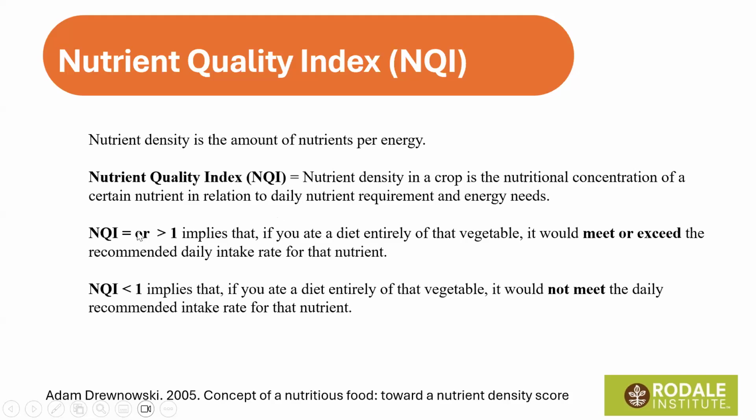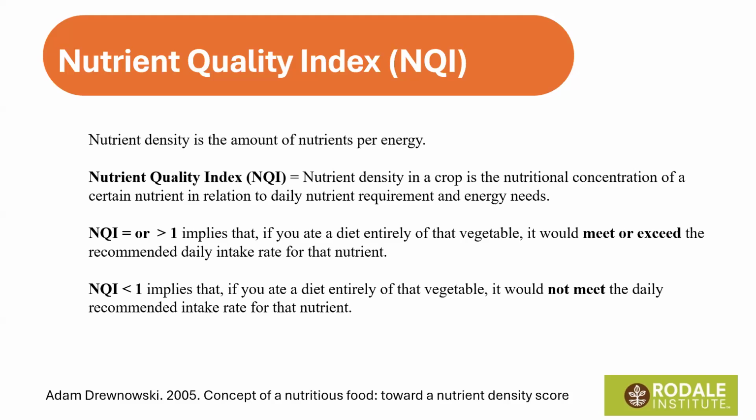Usually it is standardized to be equal to one, more than one, or less than one. If the index is greater than one, it means that if the diet were entirely from that crop for that day, the daily nutrient would meet or exceed the recommended daily intake for that nutrient. Supposedly I'm looking at calcium, or protein, or iron.